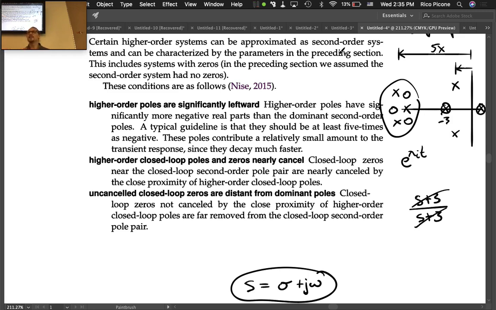Okay, excellent. If that is perfectly true, if you have the second order approximation that's actually a second order system with no zeros, then you're going to get that settling time you expect, exactly. But maybe it's just an approximation, and you'll get, instead of 3 seconds or less, you're going to get 3.5 seconds or 5 seconds for settling time.